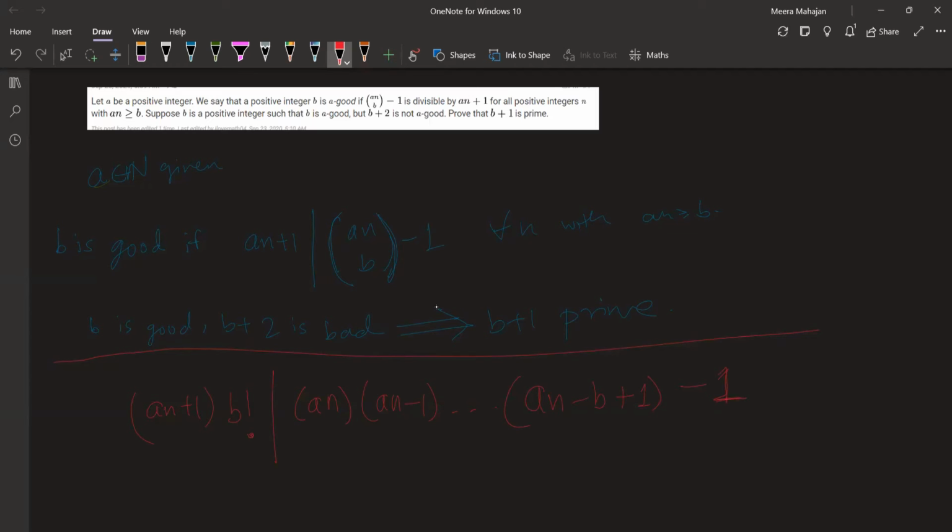Shouldn't it be minus b factorial, because you're multiplying both sides by b factorial? Oh, sorry. Thanks. My bad. Yeah, minus b factorial.